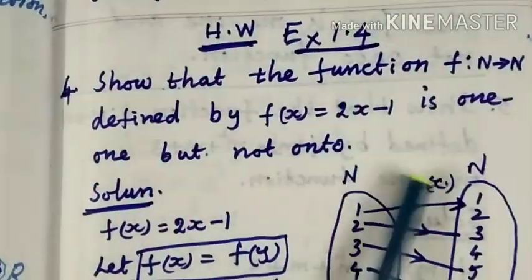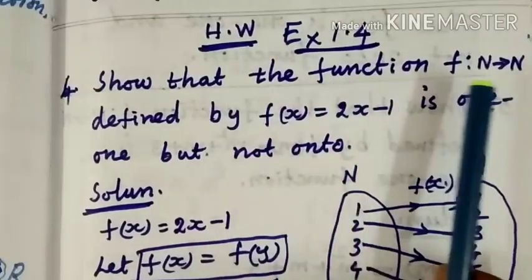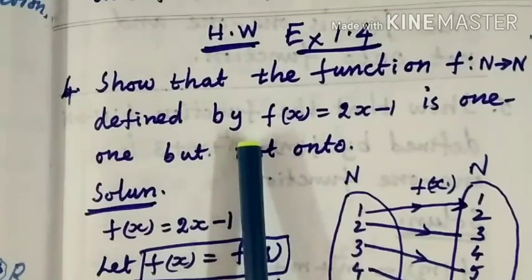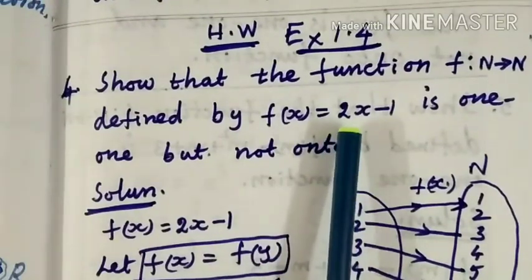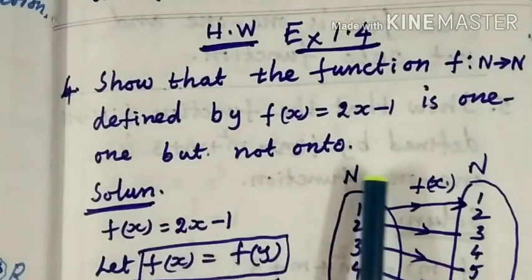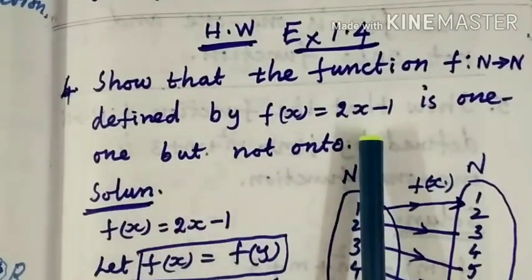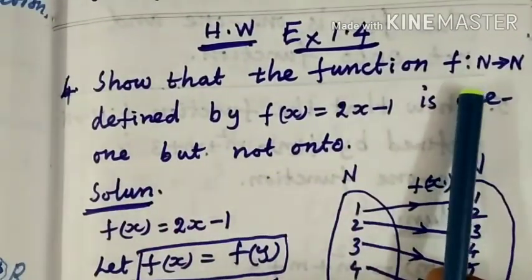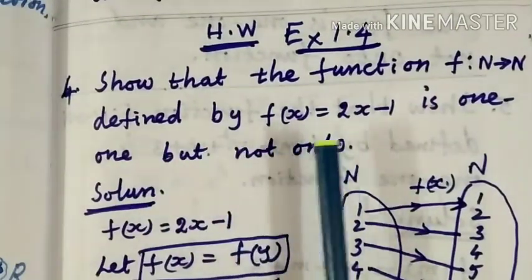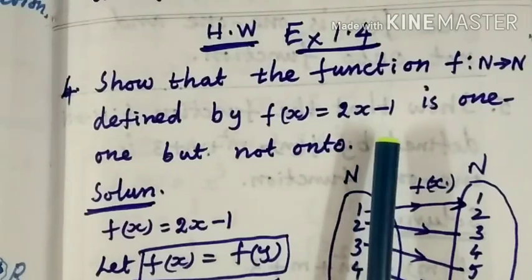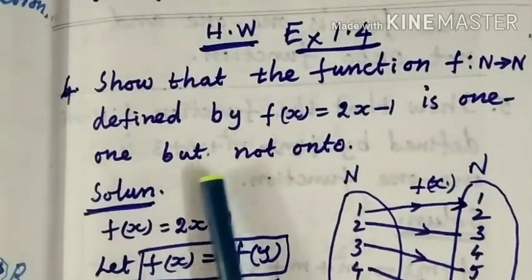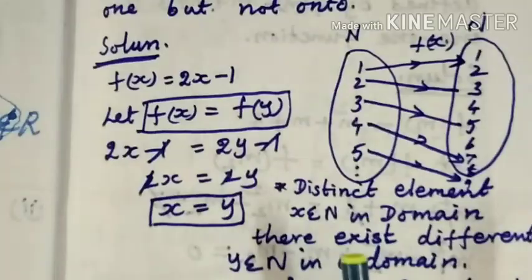Show that the function f from N to N defined by f of x equal to 2x minus 1 is one-one but not onto. In this question, a function from natural numbers to natural numbers defined by f of x equal to 2x minus 1 is given. We have to prove this is one-one but not onto.